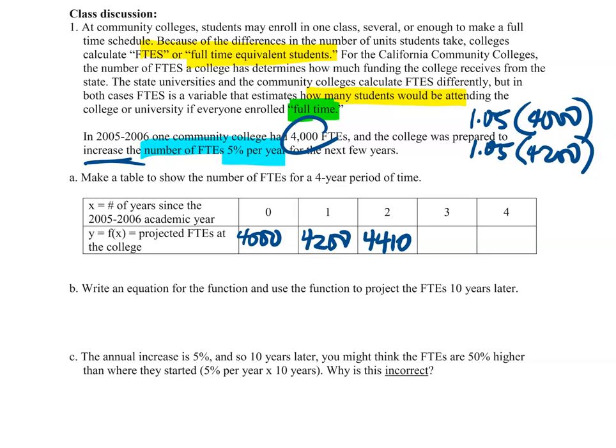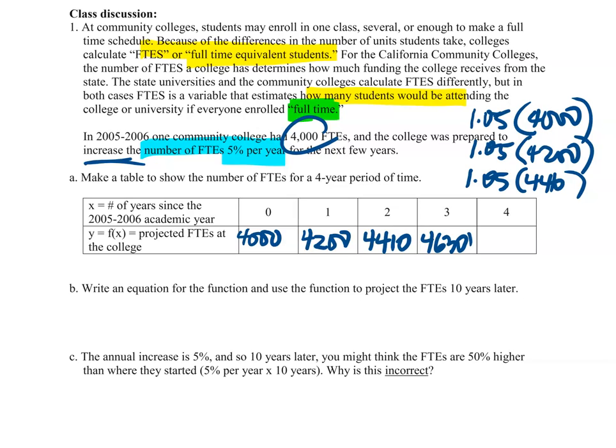Then next, we do the same thing, increase by 5% on the third year. 1.05 times 4,410 is 463.5.